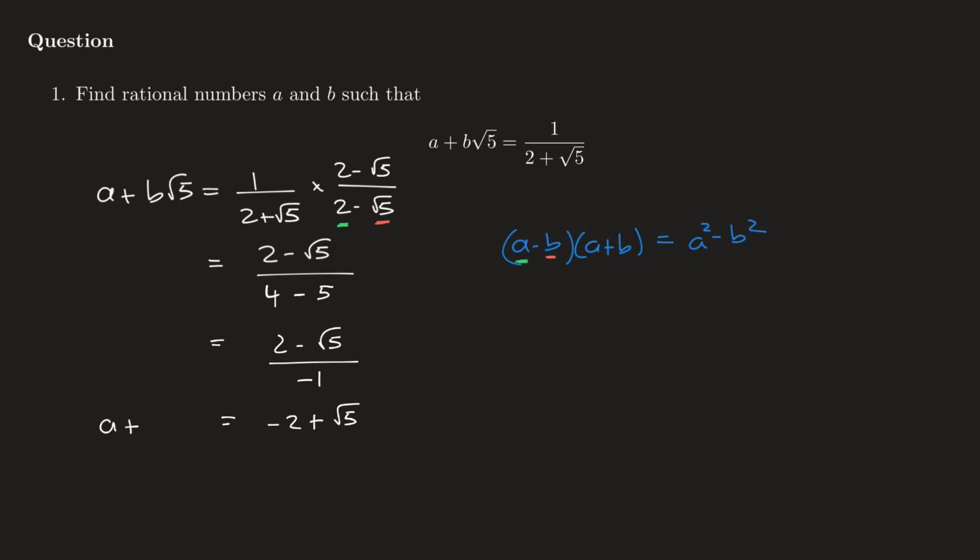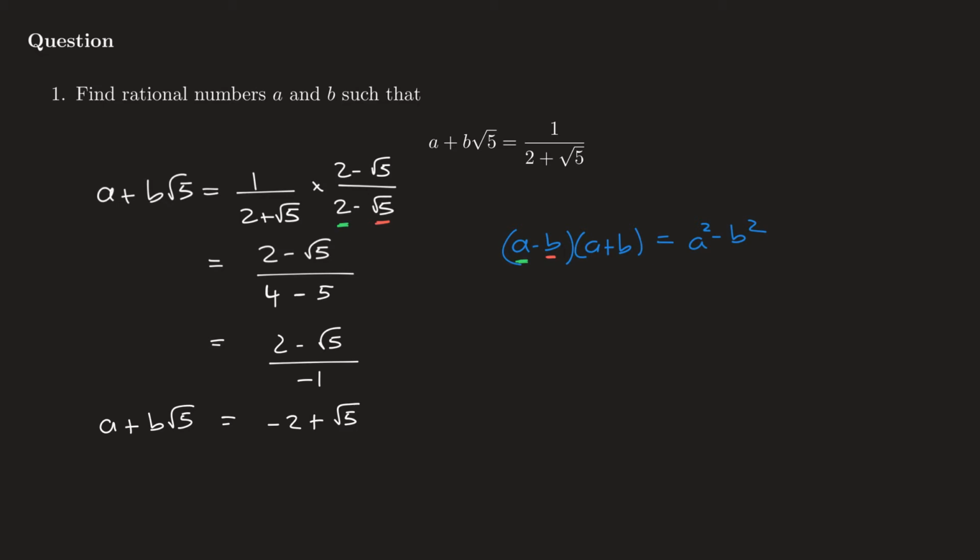So the left side is a plus b root 5. Now, what is our constant on the right side that we can compare with a? Well, on the right side, we've got a root 5, and then we've also got a negative 2, which doesn't have a root next to it. And we've got the letter a, which doesn't have a root next to it.